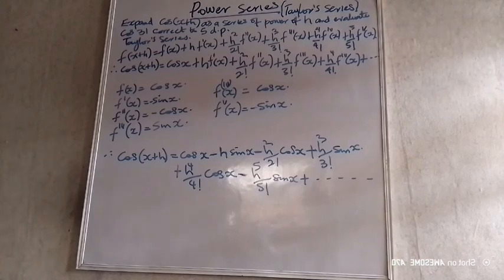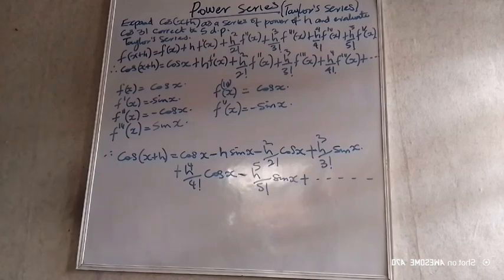So cos(x + h) is going to be cos x minus h sin x minus h squared over 2 factorial cos x plus h cubed over 3 factorial sin x plus h to the power 4 over 4 factorial cos x minus h to the power 5 over 5 factorial sin x, and it continues like that. So we have gotten the first part of the question, which is the expansion of cos(x + h).